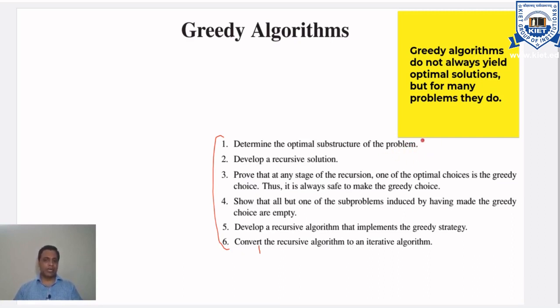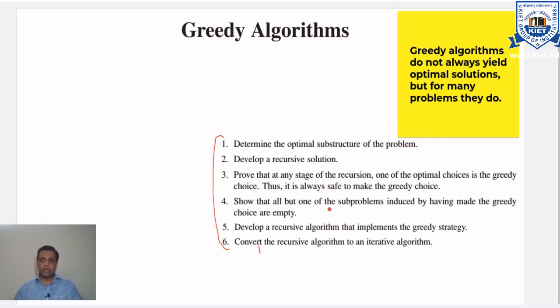So if this point is satisfied, you could go with dynamic programming, and of course there are some more characteristics of dynamic programming as well, and you could also go with a greedy algorithm. Now when to go for dynamic programming and when for a greedy algorithm is decided by the remaining characteristics. On the basis of that, you can decide which way you should go.